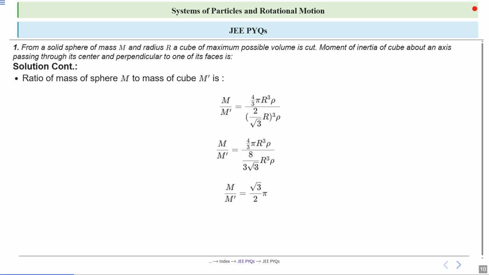Solving this, one part is 4 by 3, and the r cube rho cancels out. The remaining term is root 3 divided by 2 pi. Alright. So the mass of the cube is 2m divided by root 3 pi, in terms of the mass of the solid.